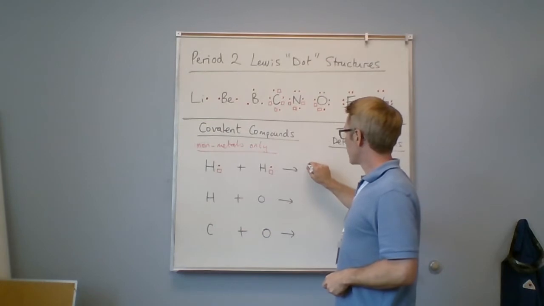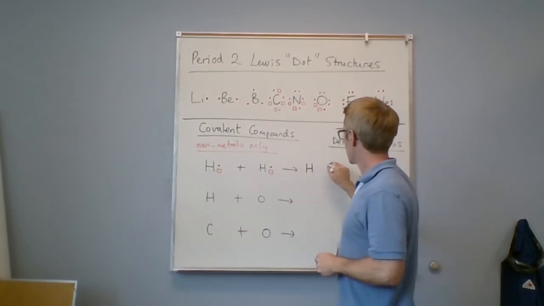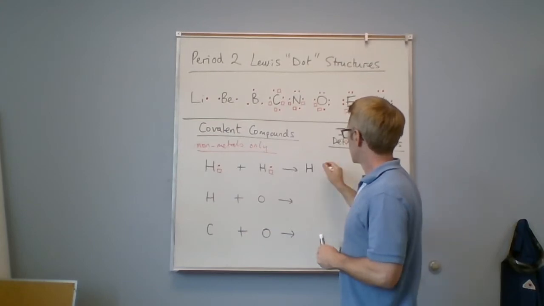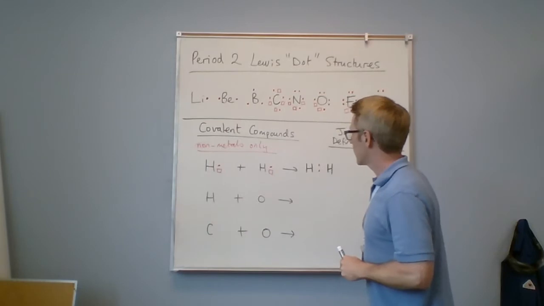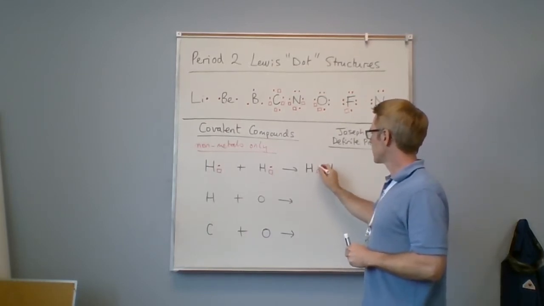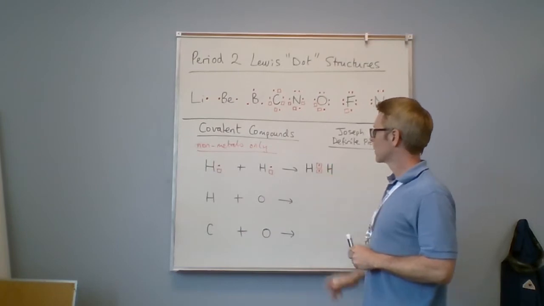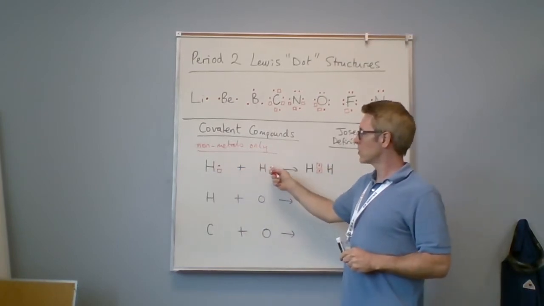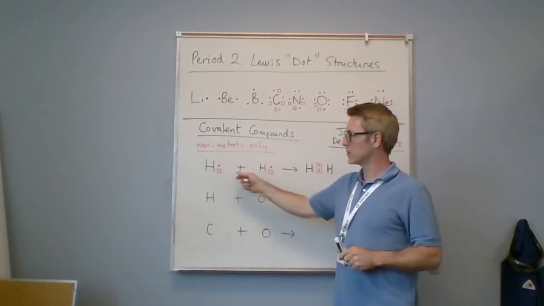Now, rather than forming an ion, we have two dots, and now each dot is in a box. So we originally had two valence electrons and two boxes.